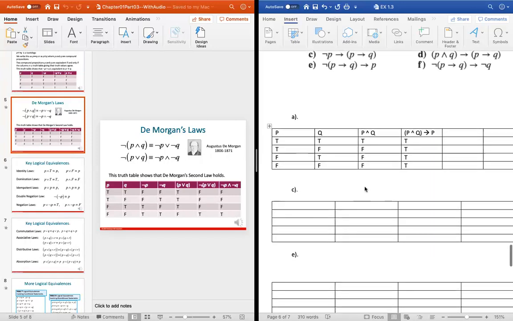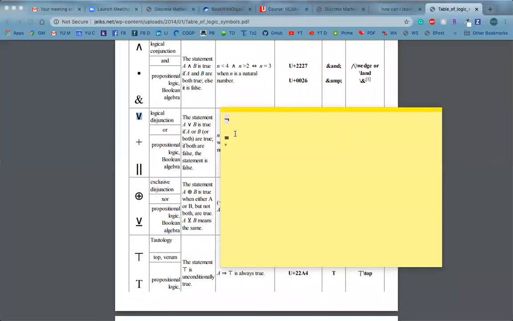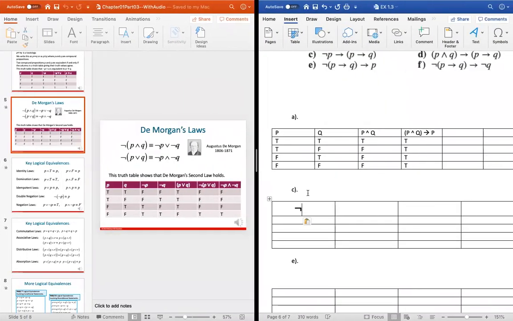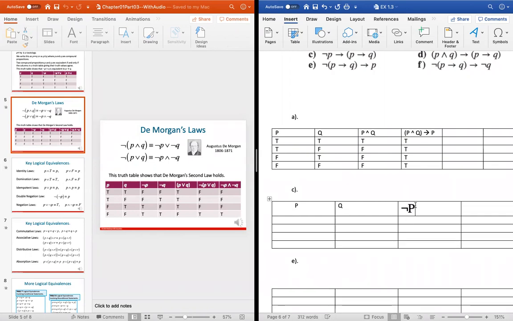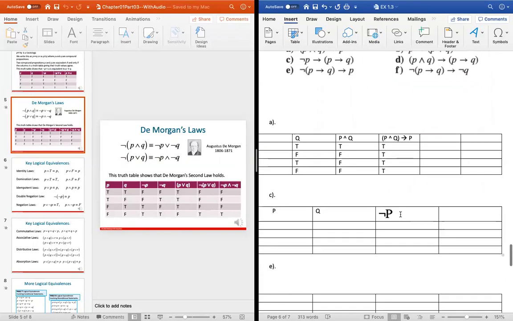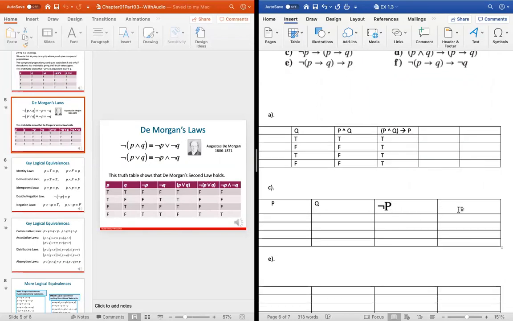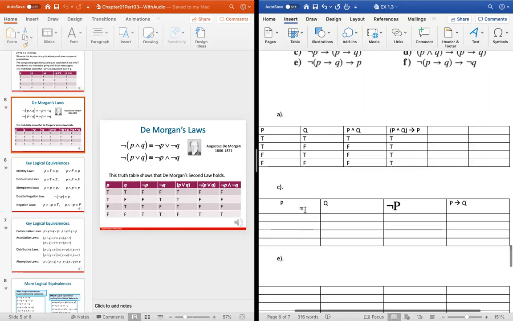Okay, if no question, let's take another example. So here we have negation of P. Take the symbol negation of P, and then we have here P implies Q. Oh, sorry. Let's first take P. Let's take Q. Let's take negation of P. Let's take P implies Q. Let's add some rows.